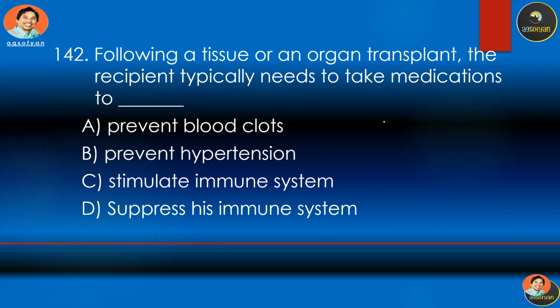So in order to suppress the rejection, to suppress our immune system, the recipient will get the medication. This medication is used to suppress his immune system to make sure that TC will not attack the organ that is transplanted to his body.